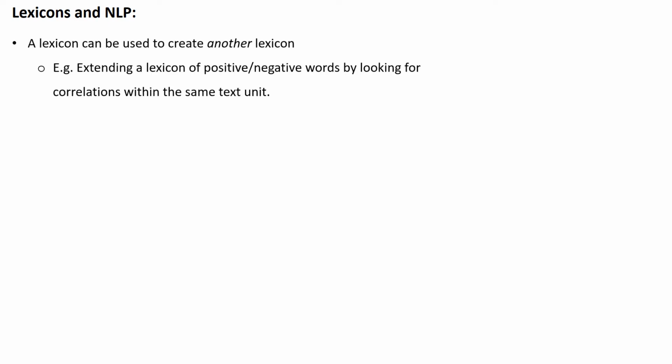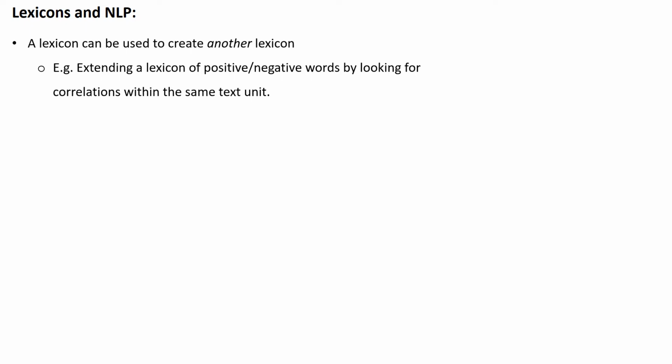Another interesting way of using these lexicons is that you can take a dictionary and create another lexicon with it. This sounds kind of strange, but hear me out. So let's take our sentiment analysis lexicon of the previous slide. We could extend this lexicon of positive versus negative words by looking for correlations within the same text unit.